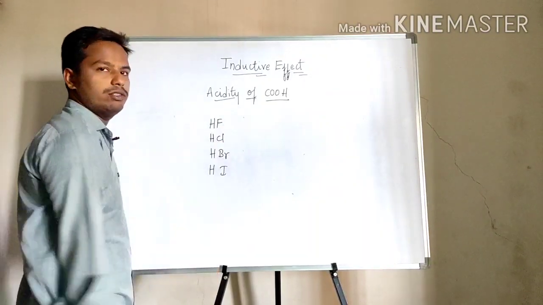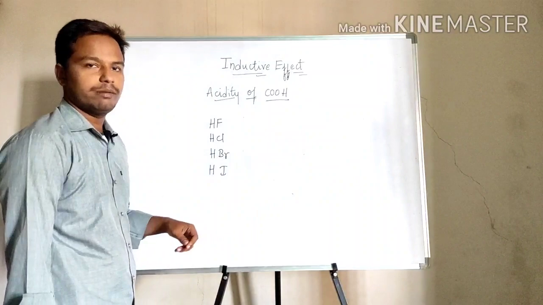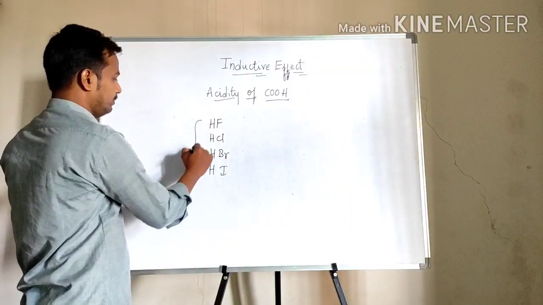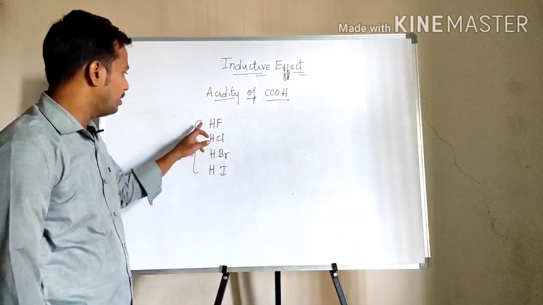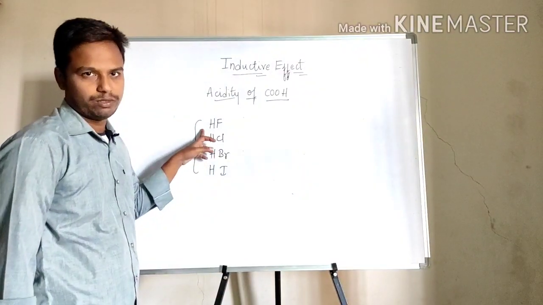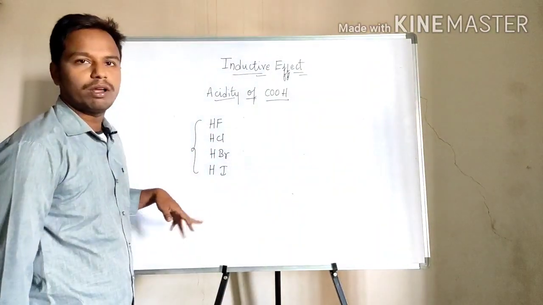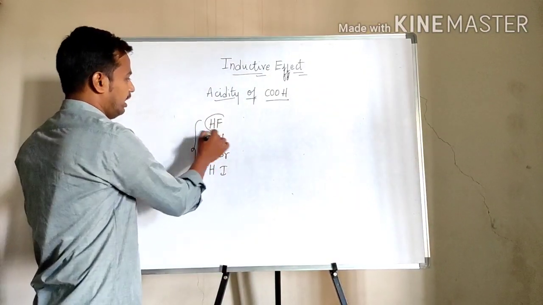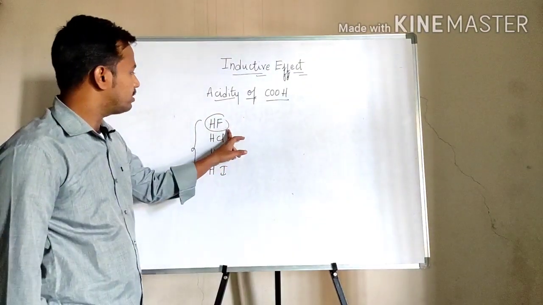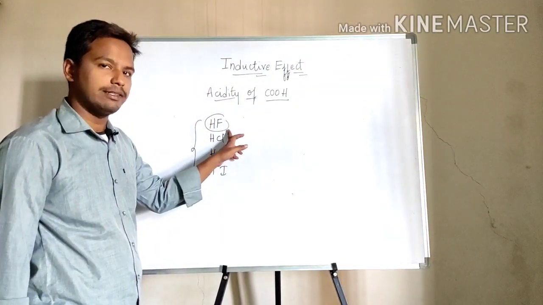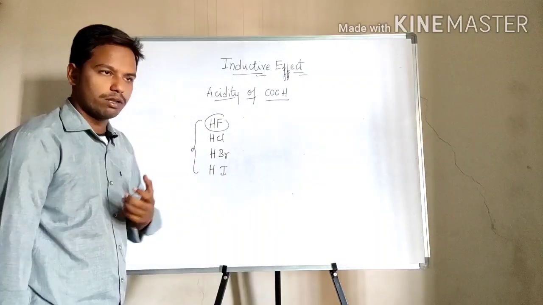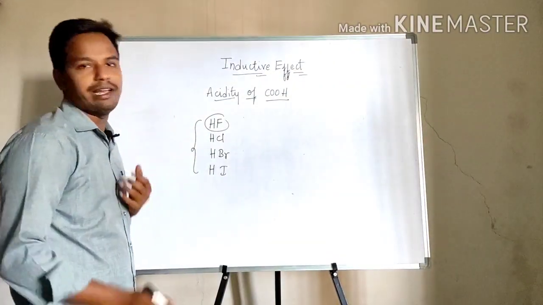These are all hydrogen halides, and basically all of them are acids. Why are we calling them acids? Because they liberate protons in aqueous medium. HF is an exception; I will discuss HF in further classes.